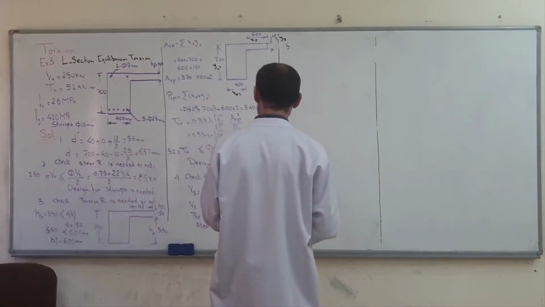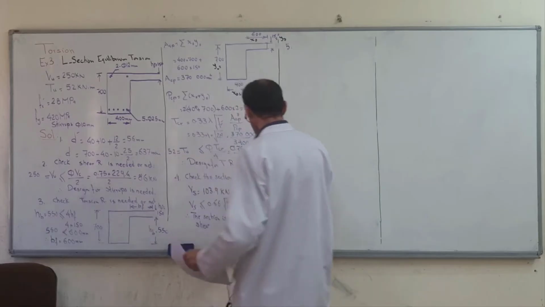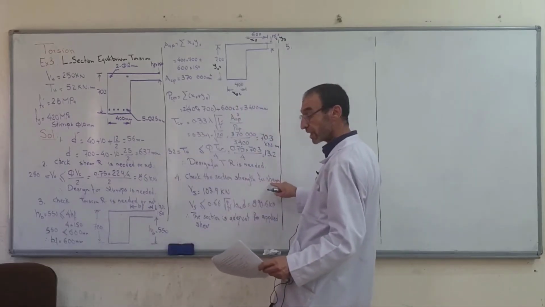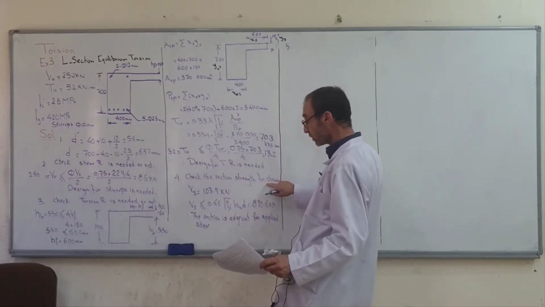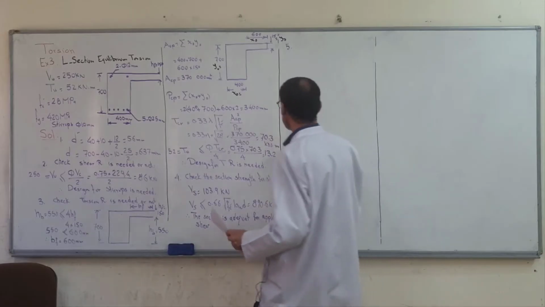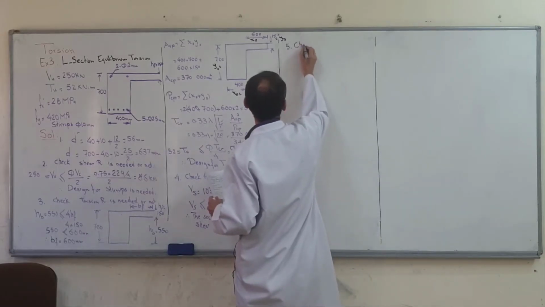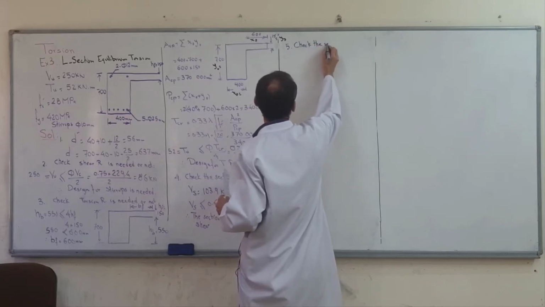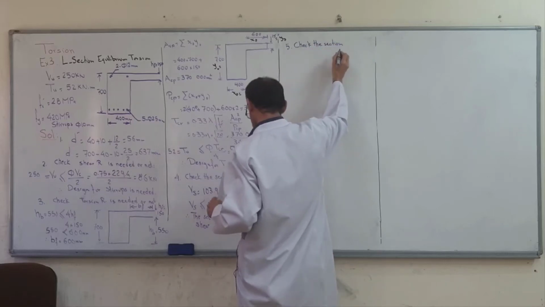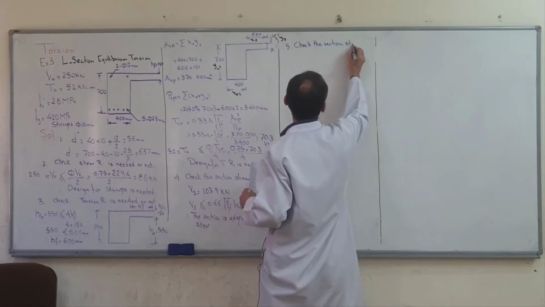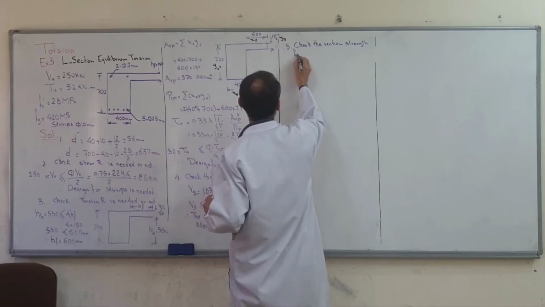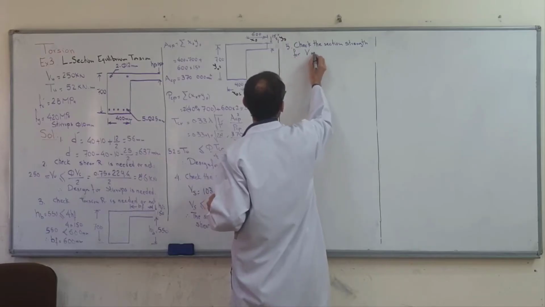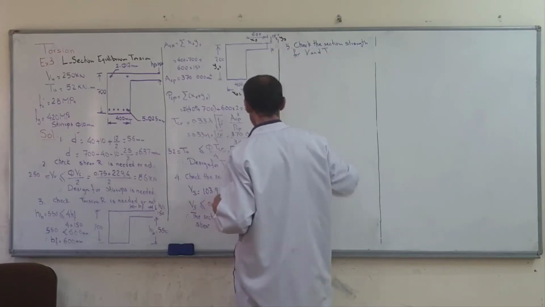Now I go to check the section strength for shear and torsion at the same time. Here just for shear. Now for shear and torsion at the same time. Check the section strength for shear and applied torsion at the same time.